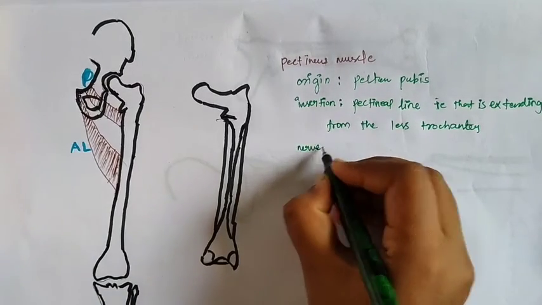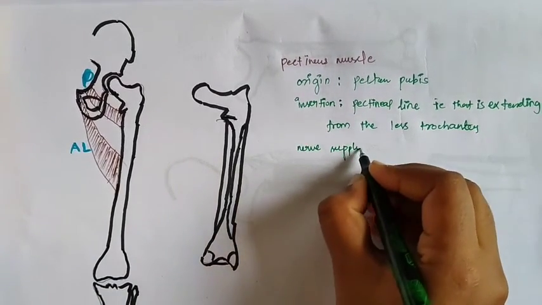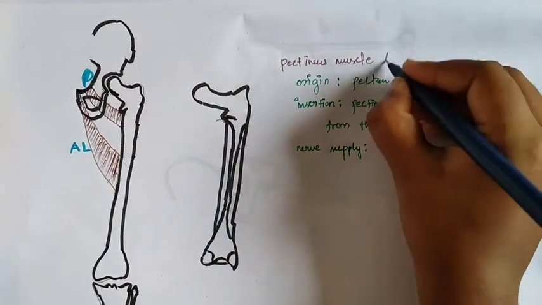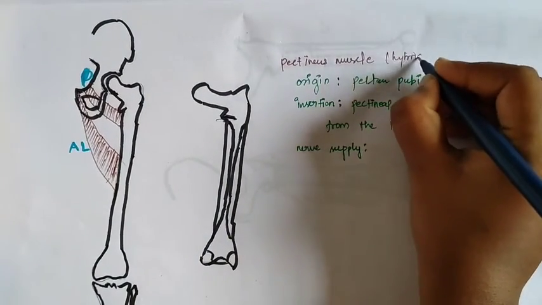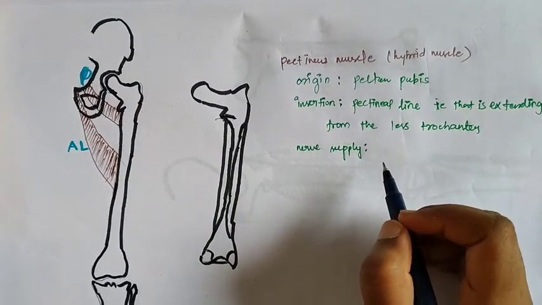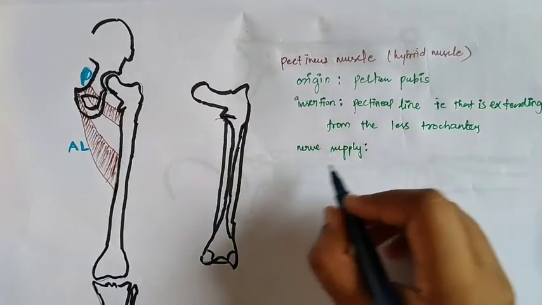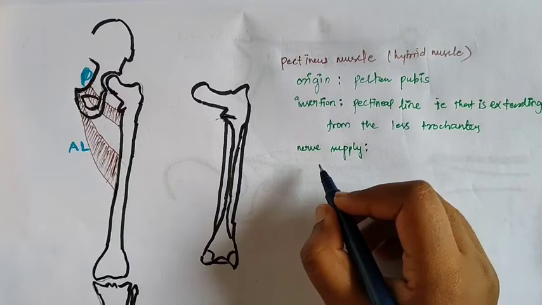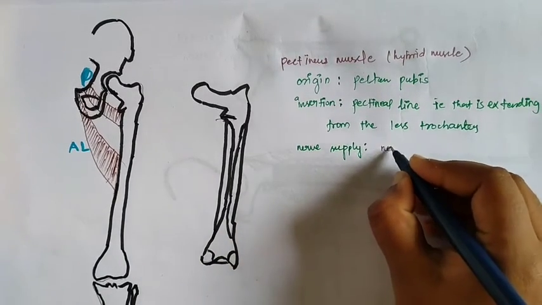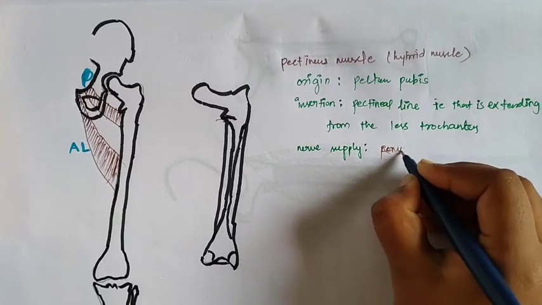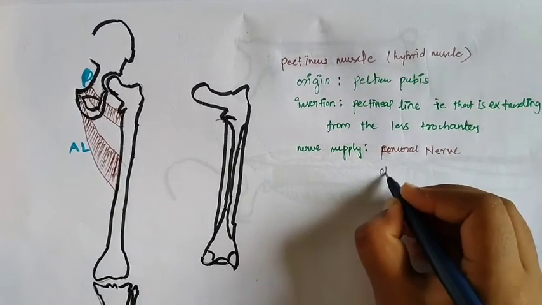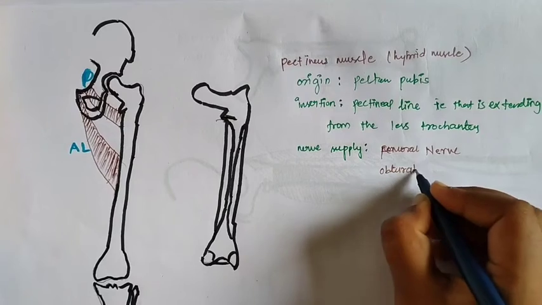And nerve supply: this is the hybrid muscle. Why we call it a hybrid muscle is because it gets its nerve supply from two nerves, one from the femoral nerve and the other from the obturator nerve.